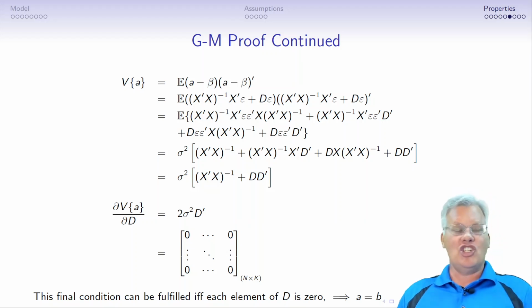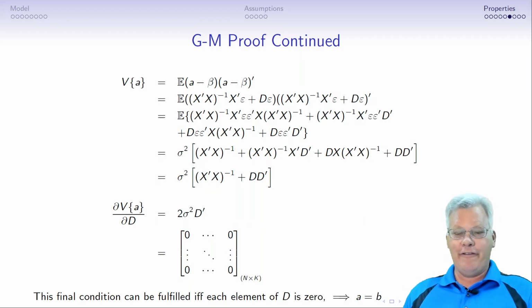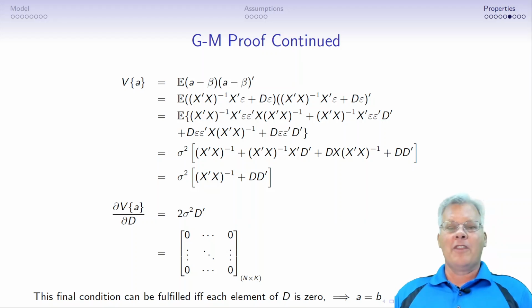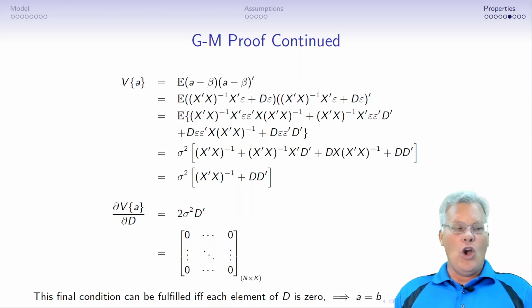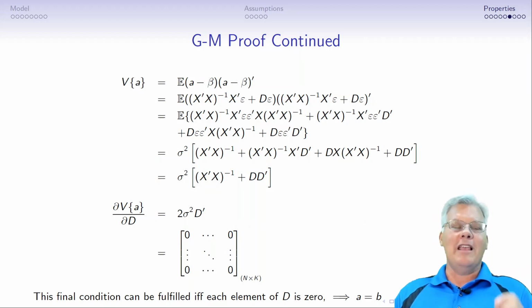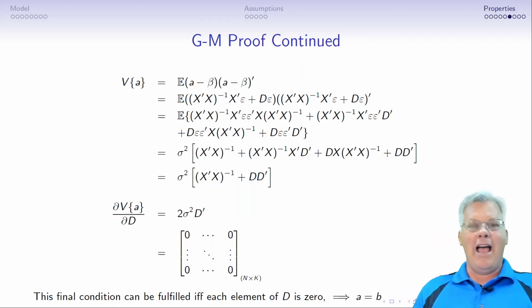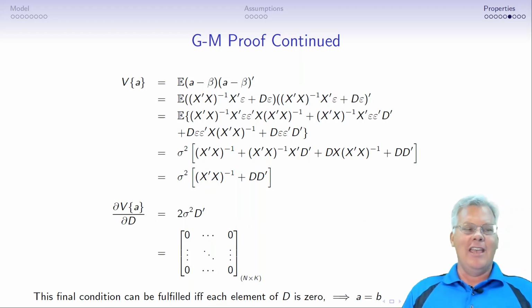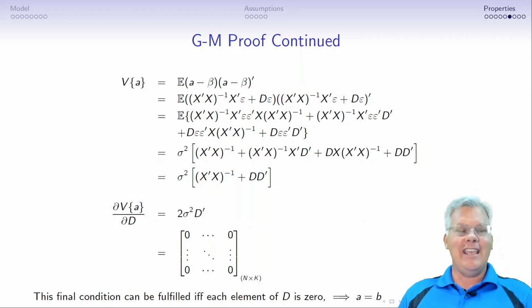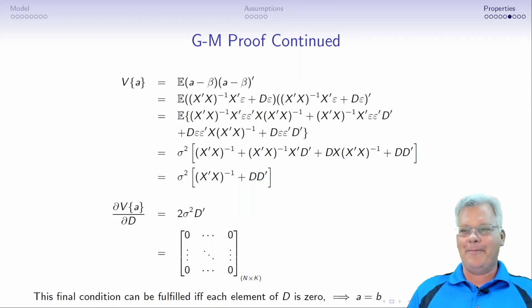This final condition can be fulfilled if and only if each element of D is 0. So what this implies is that the linear unbiased estimator A that has the minimum possible variance is the OLS estimator. Okay, QED.